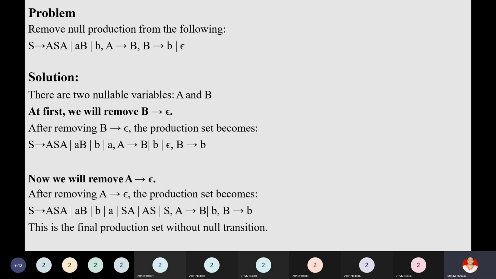Can you understand? So we have seen CFG derivation and its language, very important. If the language L is the language of some context-free grammar, then L is called a context-free language. So very important: context-free grammar, context-free languages, and the derivations.